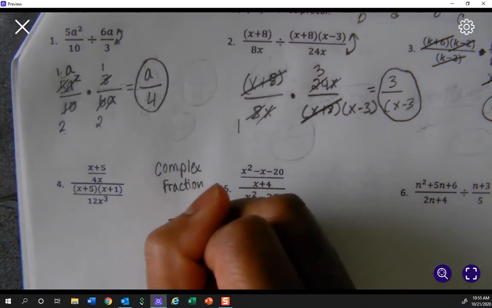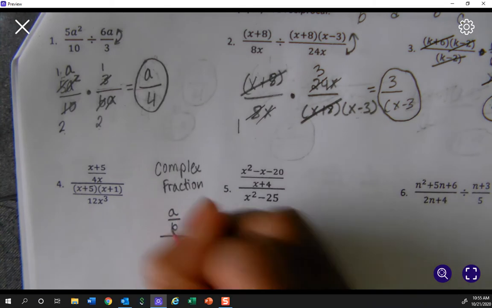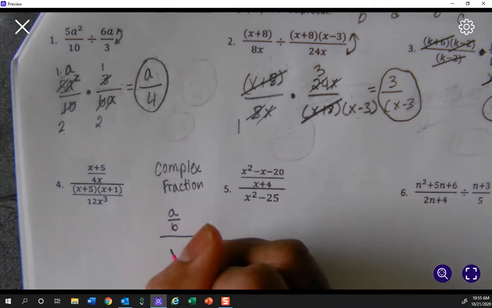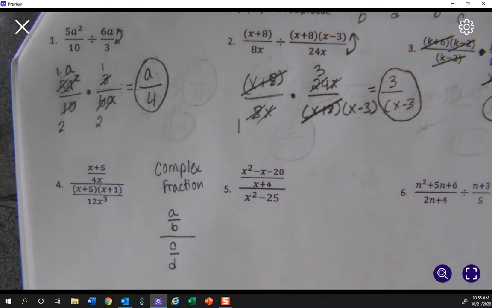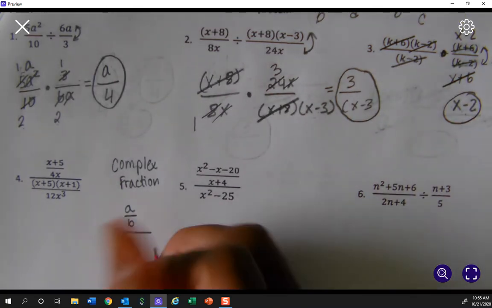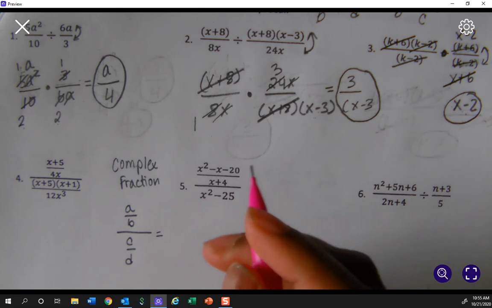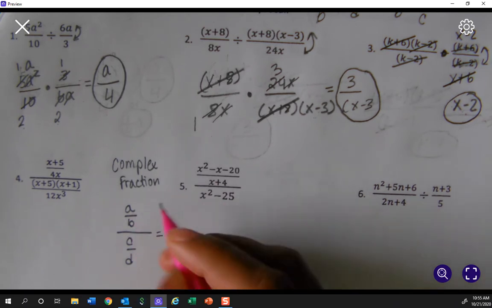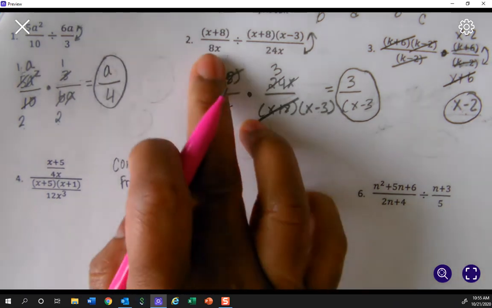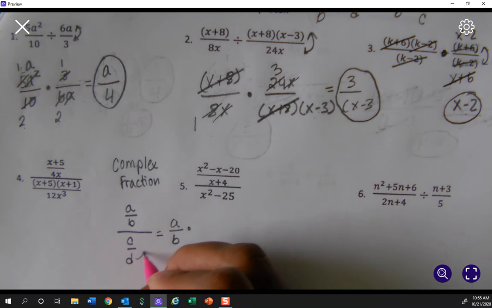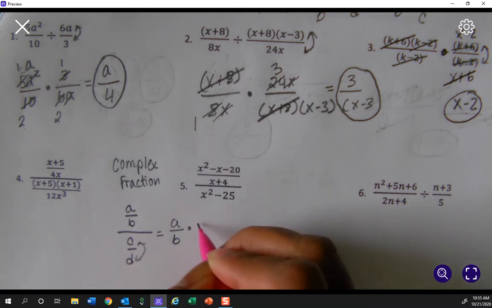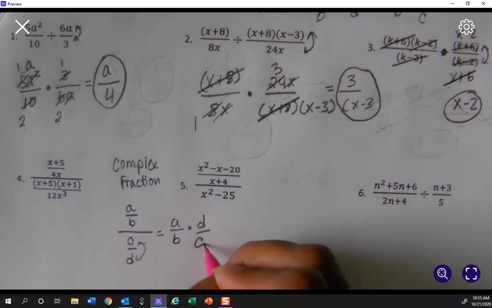In the numerator, you have another fraction, let's say a over b, and in the denominator, you have another fraction, c over d. So the way this works is you keep the numerator, the first term, the way it is, and then change it into multiplication by flipping the denominator. So you can do d over c.